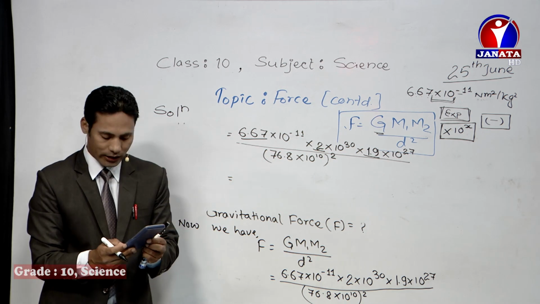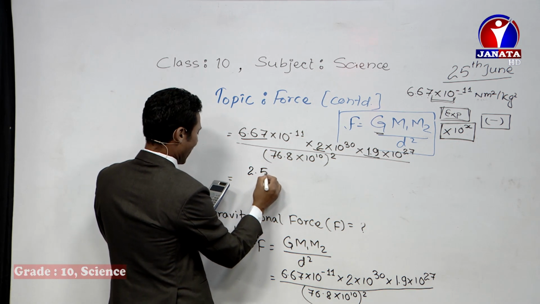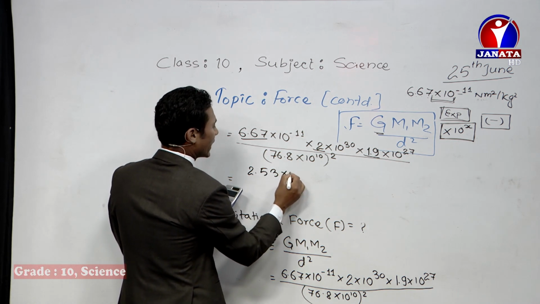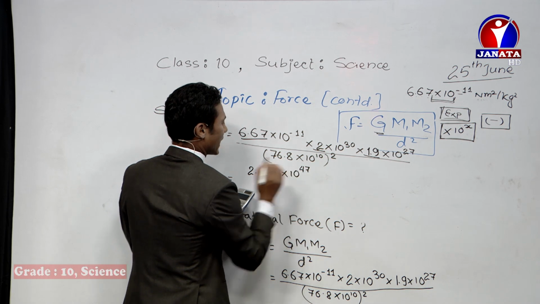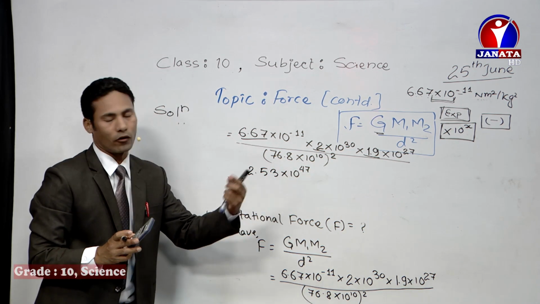When we multiply this, we get 2.53 into 10 to the power 47. After the decimal, 2 digits are enough; if you want 3 or 4 digits, no problem.